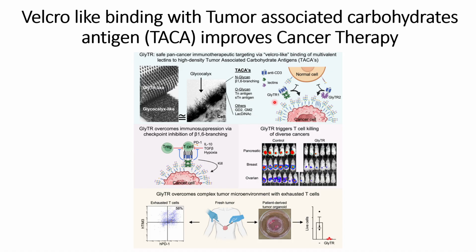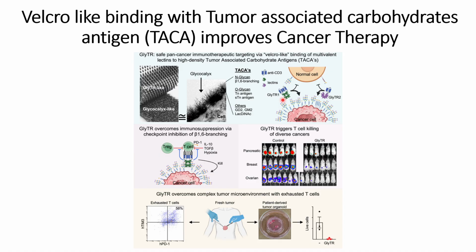So how this GlyTR works is that it has these two antibodies that we have discussed when we understood how the BiTE works. On one side it has this anti-CD3 which can target the T cells, and on the other side it has this TACA-based monoclonal antibody.